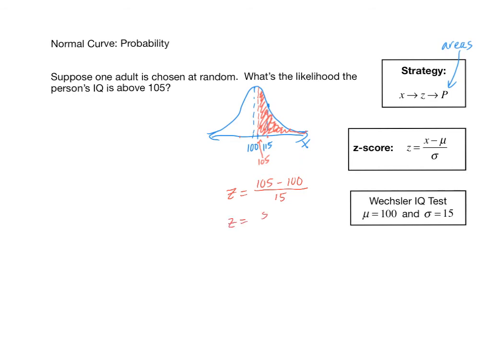The difference in the top is 5. We've got 5 over 15. And in order to use our standard normal distribution table, we need to round our z-scores to the nearest hundredth position. So 5/15 is a third, rounded to the nearest hundredth position is 0.33, because that's how accurate it is on our table.